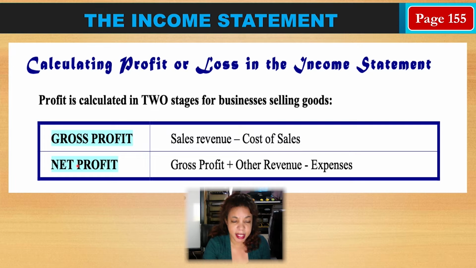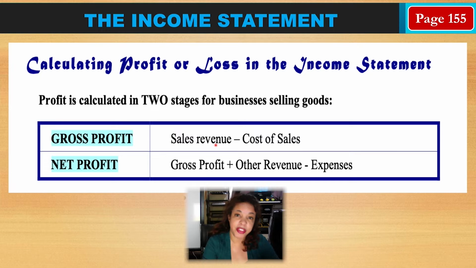And the second stage would be to find your net profit. Your net profit is always a gross profit minus something else. And in this case, what they're going to be minusing would be your net expenses, or basically this is what happens. Your gross profit, you may have other revenue like rent received and discount received and commissions received. Those are not the main revenue of a business. When a business operates, the main revenue is the sales revenue.